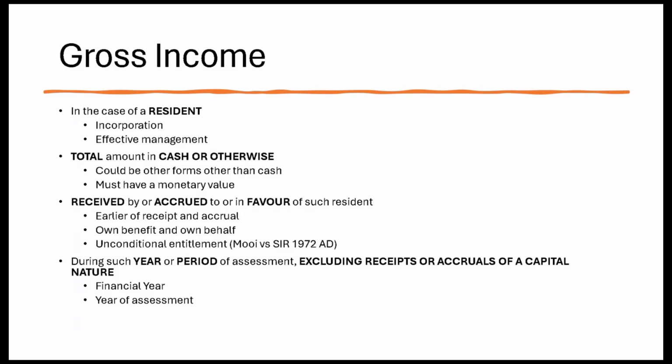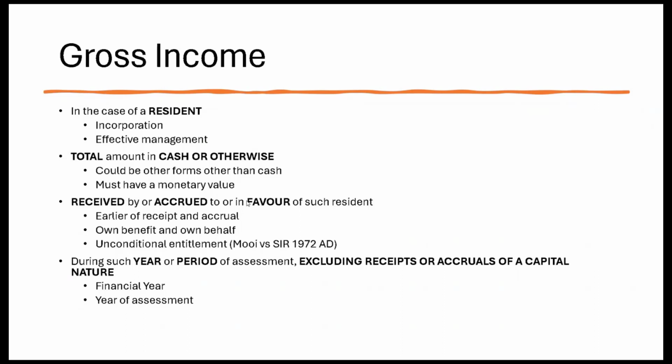It belongs in the gross income of the person who has unconditional entitlement to that cash or to that benefit, whatever it is. So in many scenarios, you'll find yourself ticking all the boxes, but not considering that, hey, maybe this is not in my favor, this is in somebody else's favor.